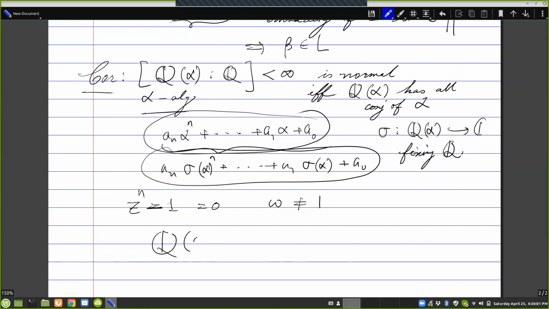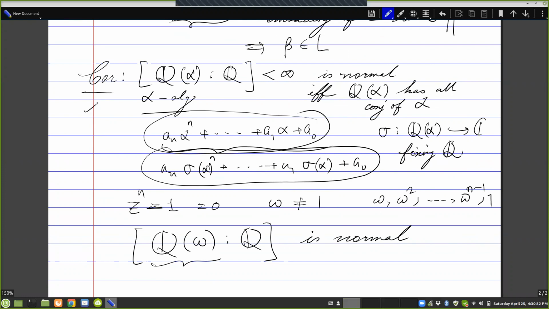Then Q(omega) over Q is a normal extension, because the roots of this polynomial are omega squared, omega to the power n minus 1, and then of course 1. So this field not only contains omega, it contains all conjugates of omega, so it has to be normal in view of the corollary.